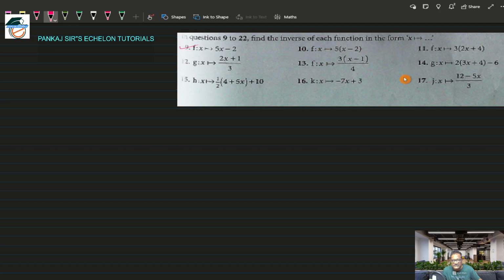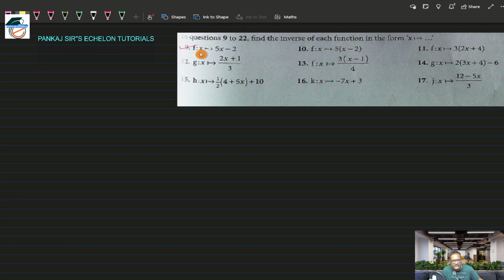So all these functions which are given to you from question number 9 to question number 22, you have to find the inverse of these functions, and it should be in the form of f inverse of x. So let us get started with question number 9 itself, so that you will understand. You have to find the inverse of this function.